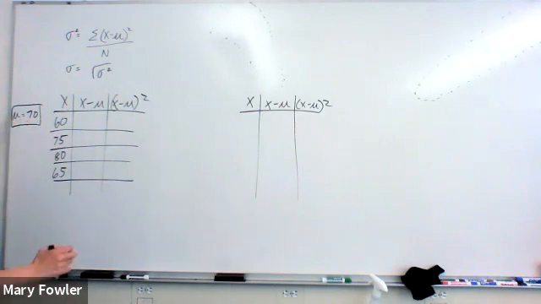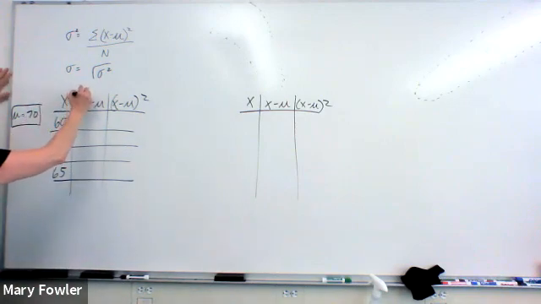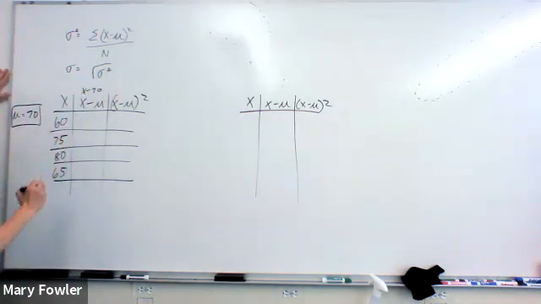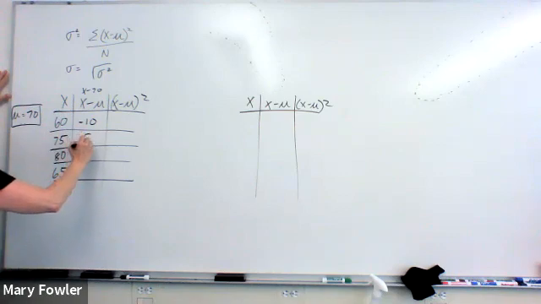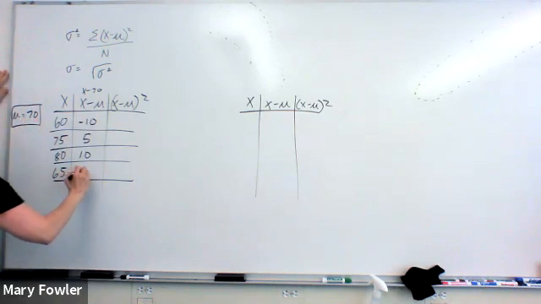Mu is 70. So 60 minus 70, we get minus 10. 75 minus 70, we get 5. 80 minus 70, we get 10. And 65 minus 70, we get minus 5.